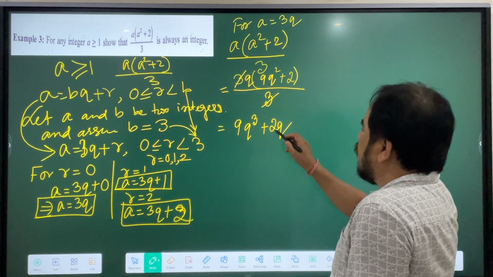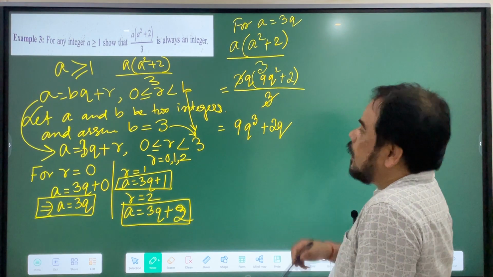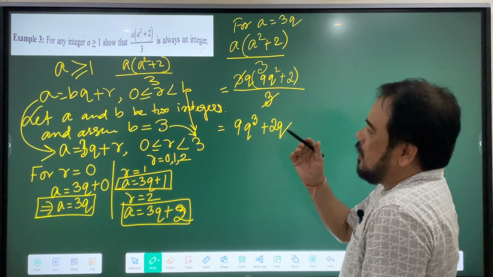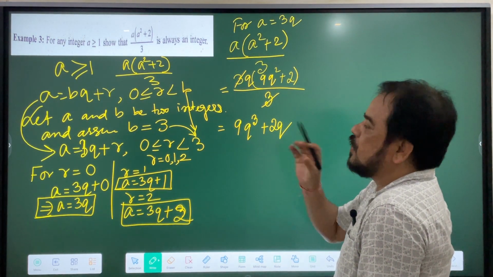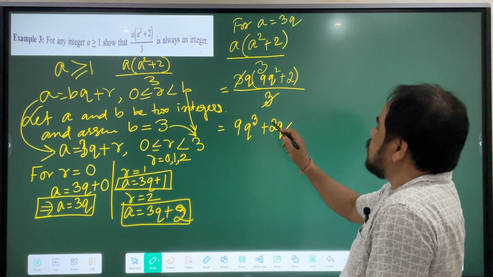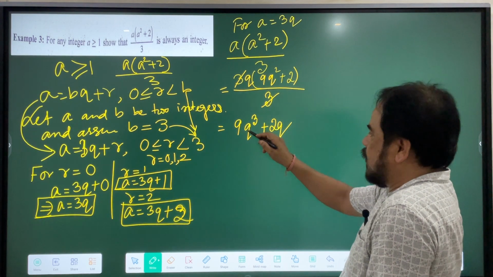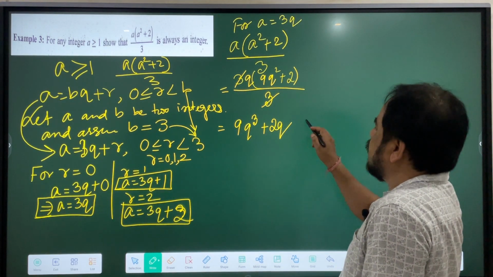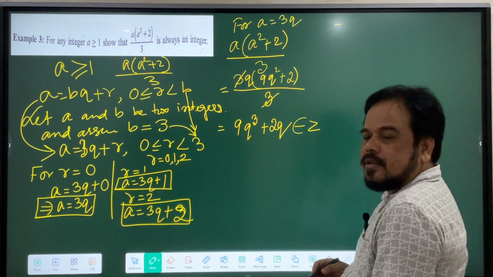In both the terms q is present. As I have told you every time, for every sum q is an integer. So 9q³ + 2q: q is present in the first term, q is present in the second term, so it belongs to Z. It is an integer.